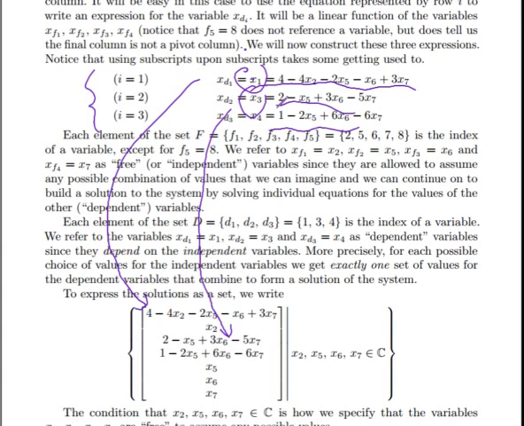This equation here gives me this value for x4 here. I have x1, x3, x4 determined in terms of the free variables x2, x5, x6, x7. x2, x5, x6, x7 can be anything you want. So this is the general expression for all possible solutions to the system.